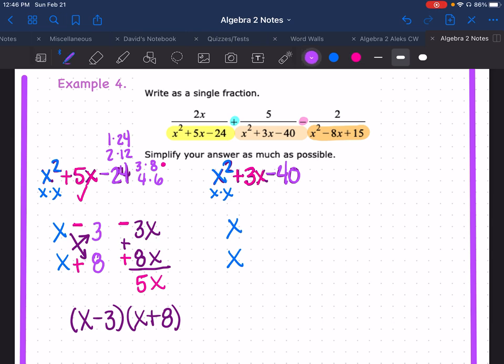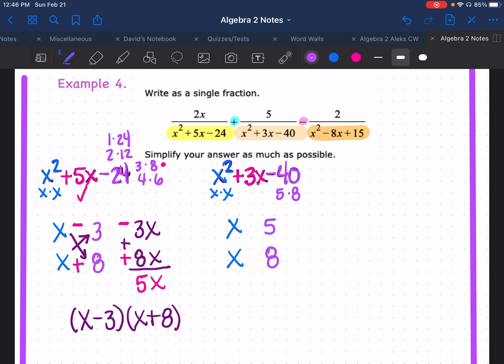So 1 times 40 isn't going to work. 2 times 20 isn't going to work. 4 times 10 isn't going to work. That's 6. 5, oh, 5 times 8. There we go. We can make that one work.